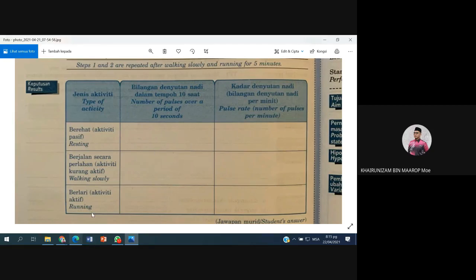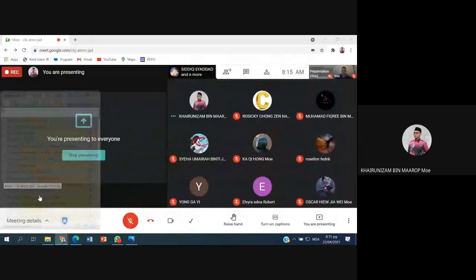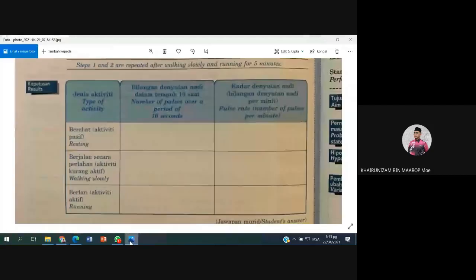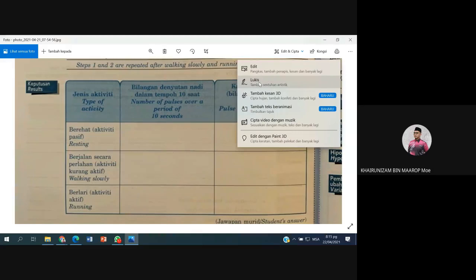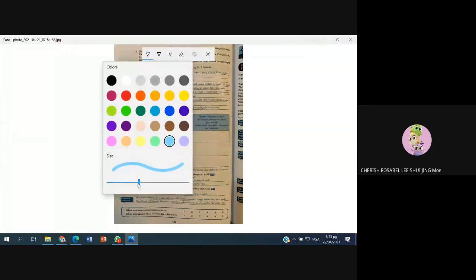You just write it as an example. Fikri? The resting one is 12 maybe.